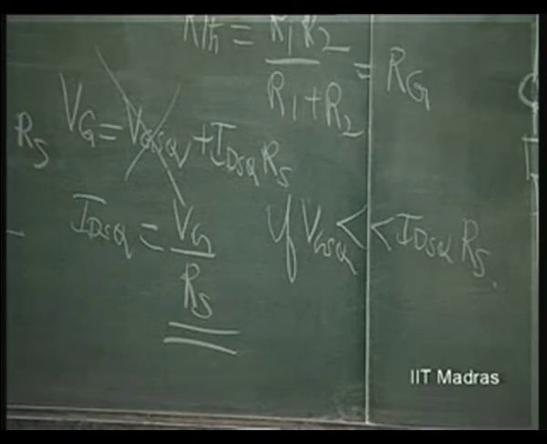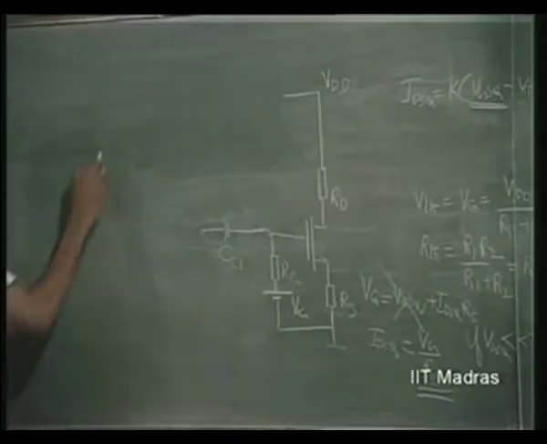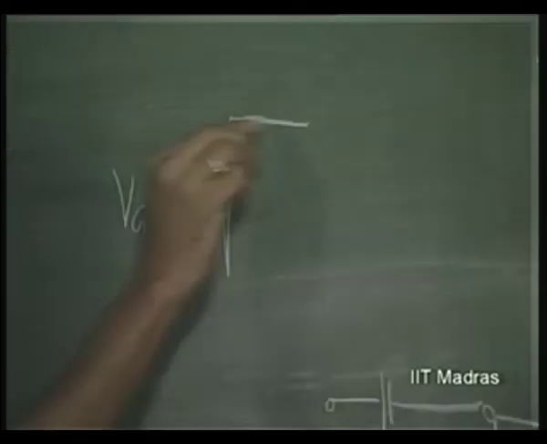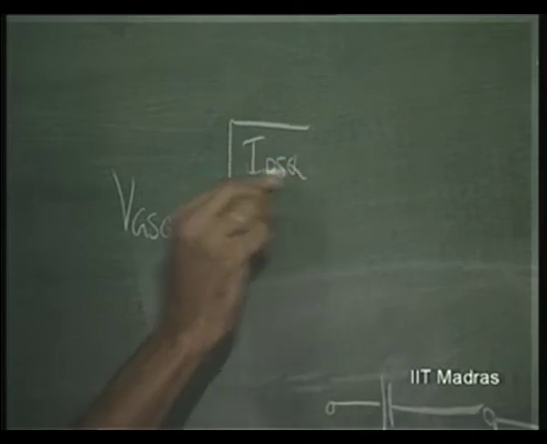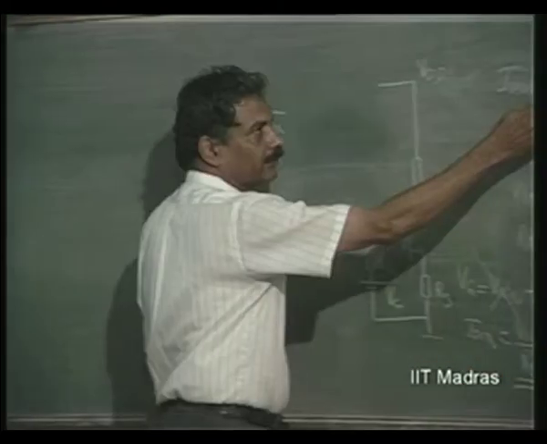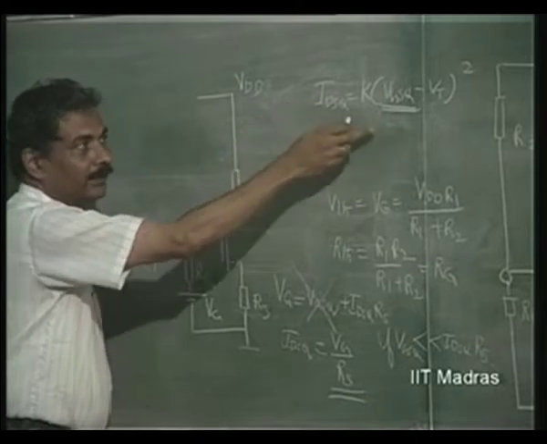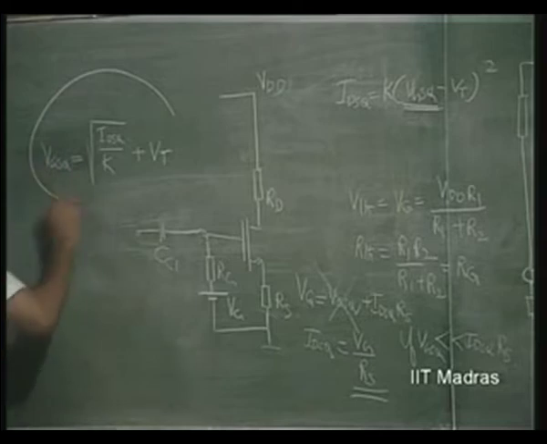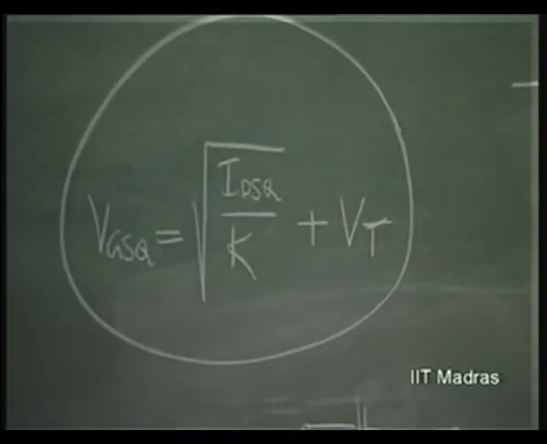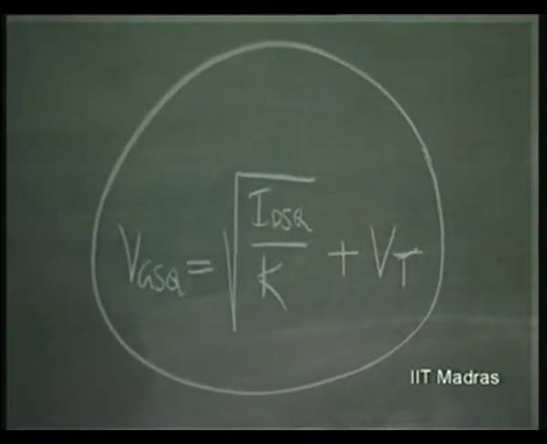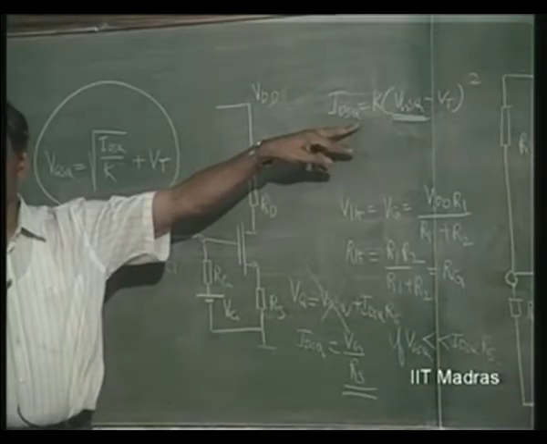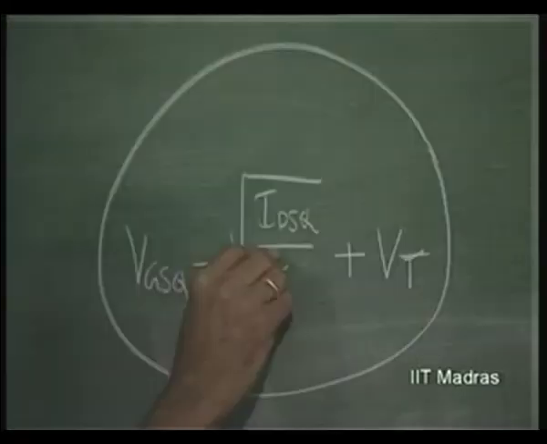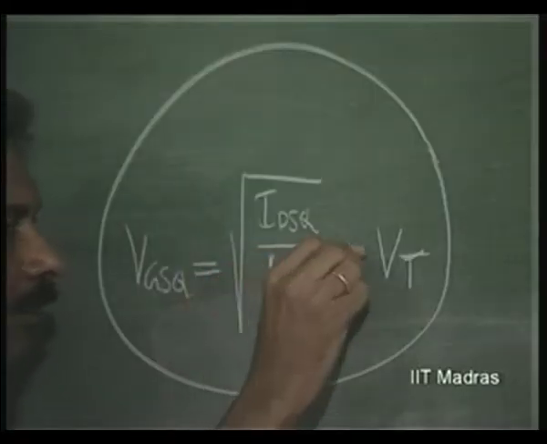VGSQ, strictly speaking, equals root of IDSQ by K, take square root, plus VT. From this equation, VGSQ is root of IDSQ by K plus VT.